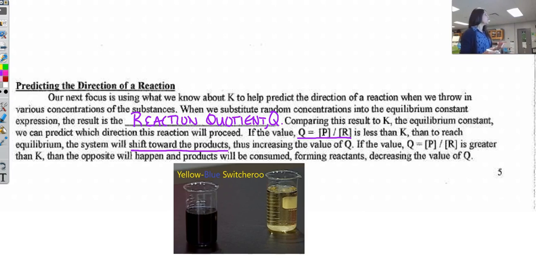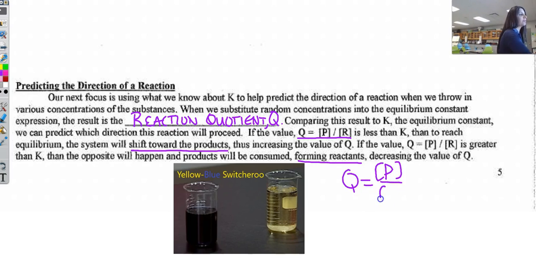If the value of Q is greater than K, then the opposite is going to happen. If Q is greater than K, we're going to shift backwards towards the reactants. Thus, your products will be consumed and you're going to make more reactants, decreasing your value of Q. Again, Q is equal to the concentration of products over the concentration of the reactants.